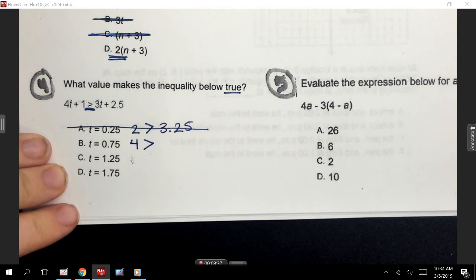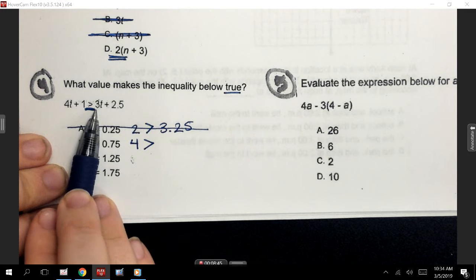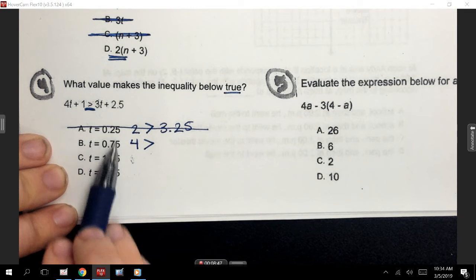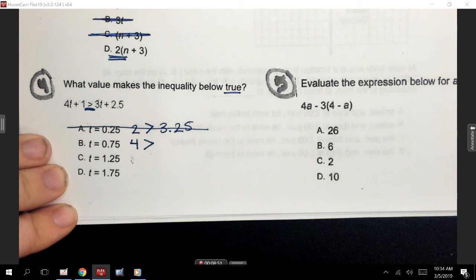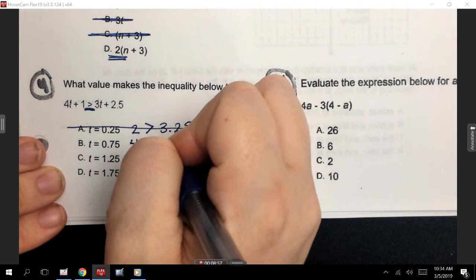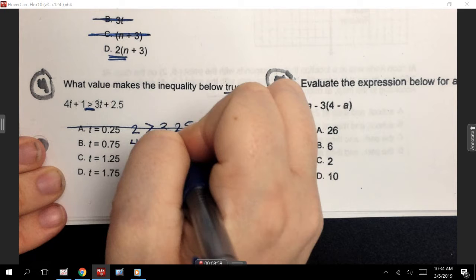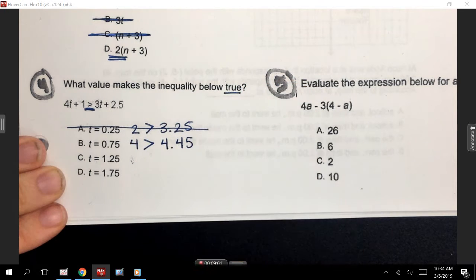Give everyone a second to put that in. So you're going to do 3 times 0.75, and then you're going to do plus the 2.5. Okay. What does that one give me, Noah? 4.45.